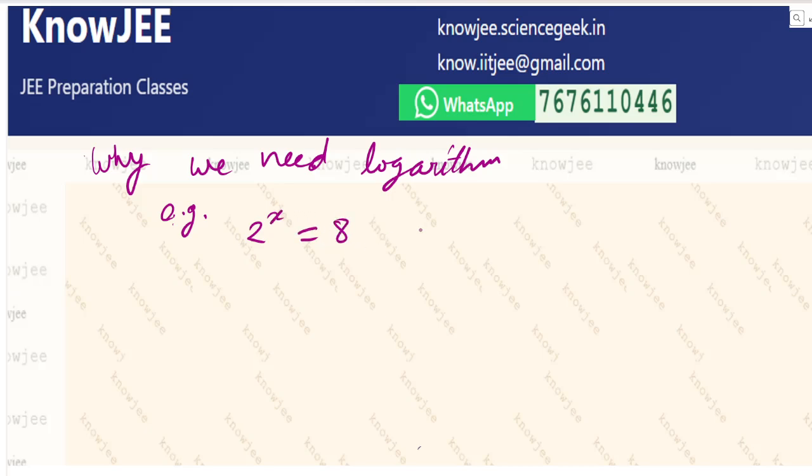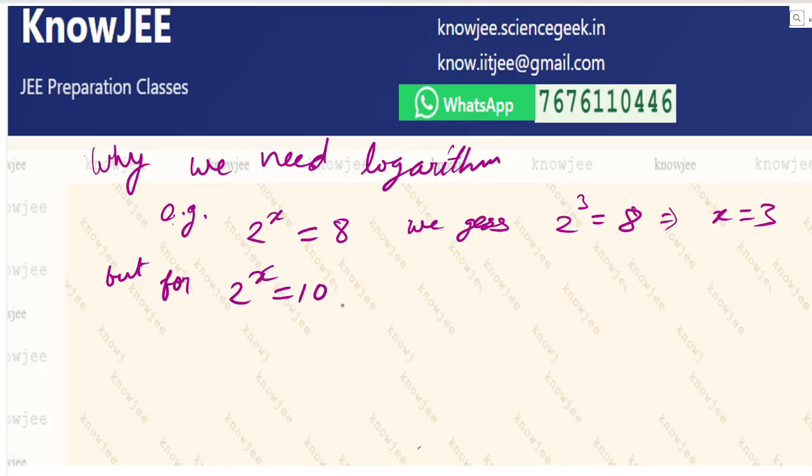We can guess here: 2 to the power 3 is equal to 8. This implies x equals 3. So it is easy to find x in this case, but for 2 to the power x equal to 10, what is x? Then we need logarithm.